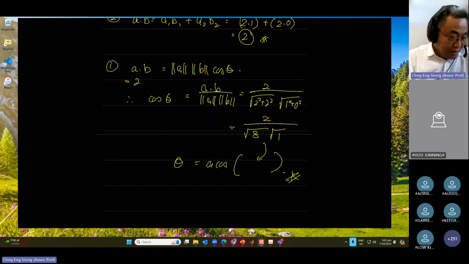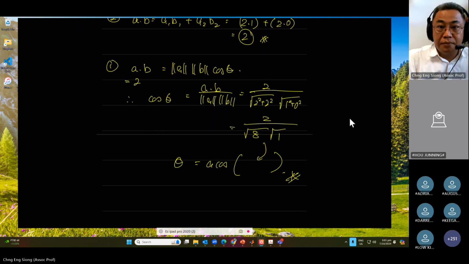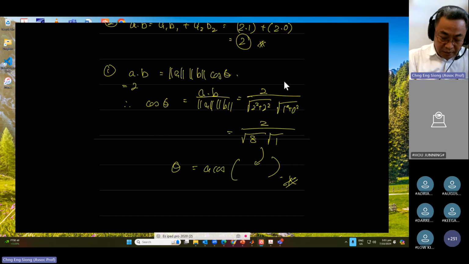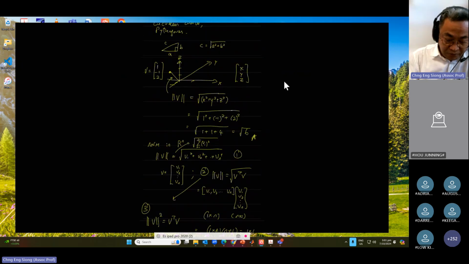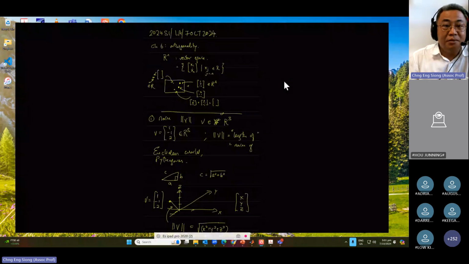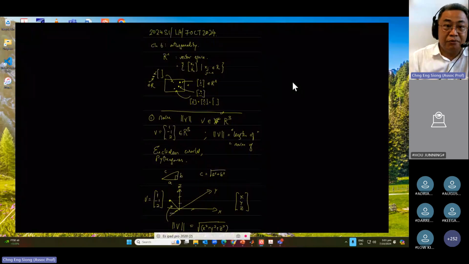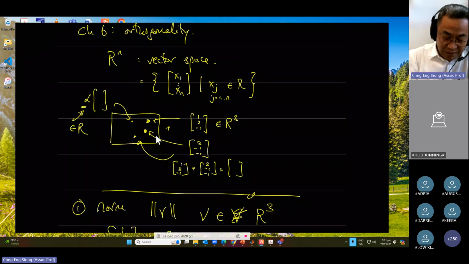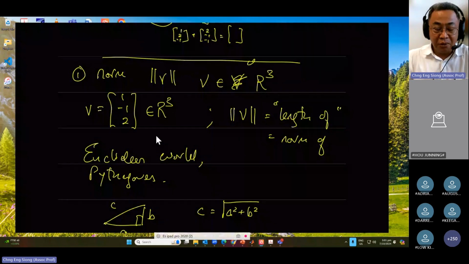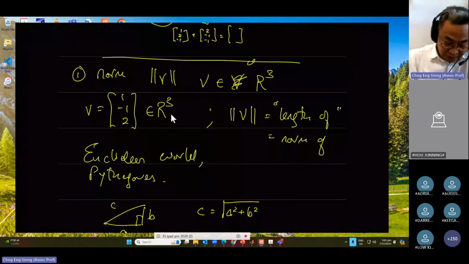Okay. So you realize that, if you look back, we're going very fast, right? We went from vector space, where we see vectors as elements and we can add and multiply by a scalar. We have calculated norm and we now understand how to find the length of a vector.